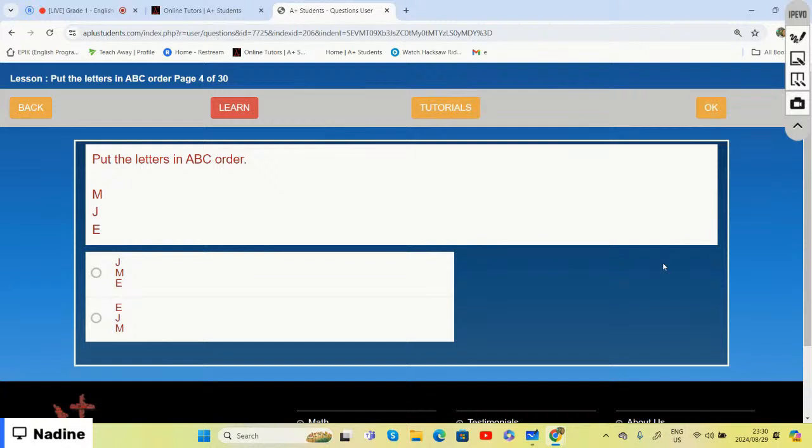All right. So now we need to put these ones in order. We have M, J, E. We need to put it in order of which letter comes first and which letter is last.